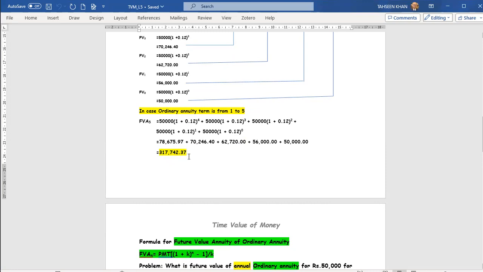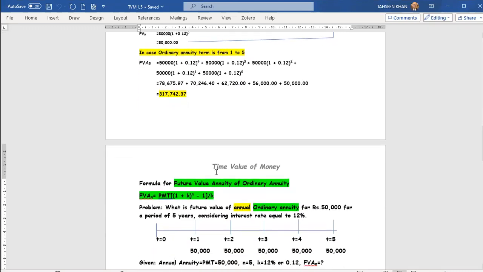It's simply applying the compounding method. If you have higher numbers of periods, it becomes very difficult to calculate. So we are going to calculate the same question by applying the future value annuity formula for the ordinary annuity.